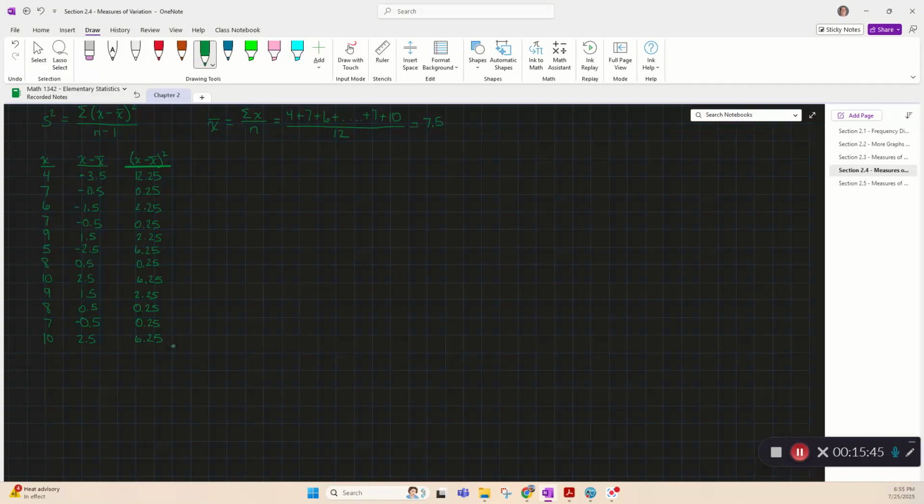Now, for my formula, I need to add them up. So the sum of x minus x bar squared is equal to, if I were to add all of these up, I would get 39. Okay, so let's plug into our formula now. S squared is equal to the sum of x minus x bar squared over n minus 1.